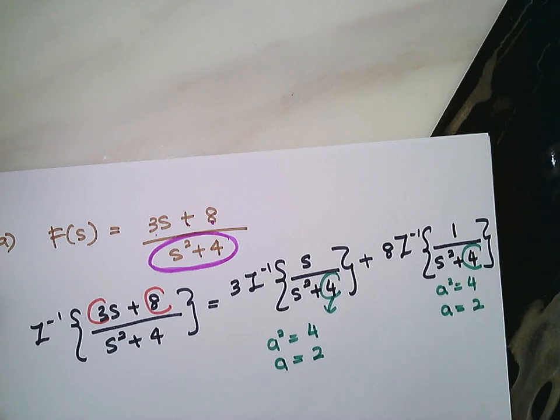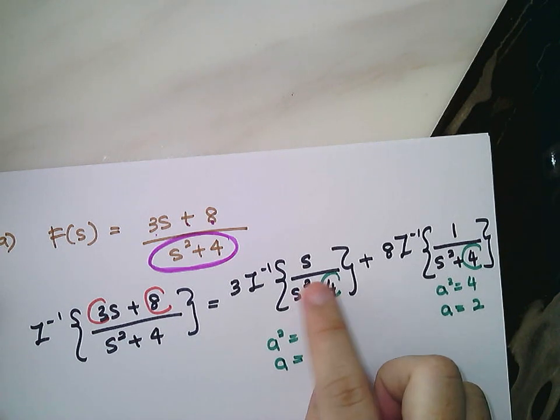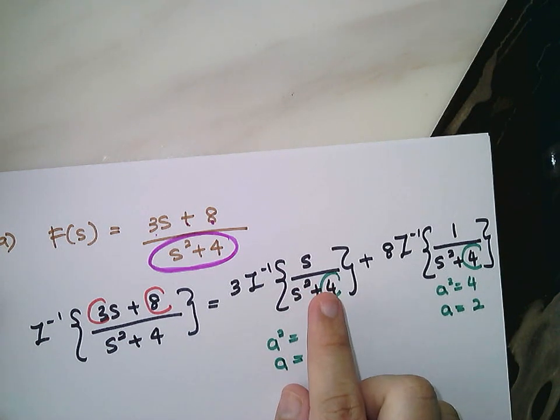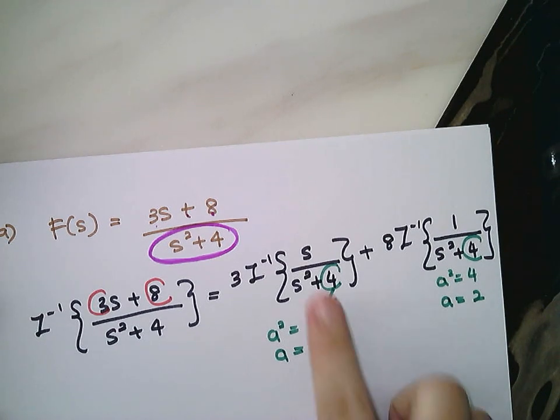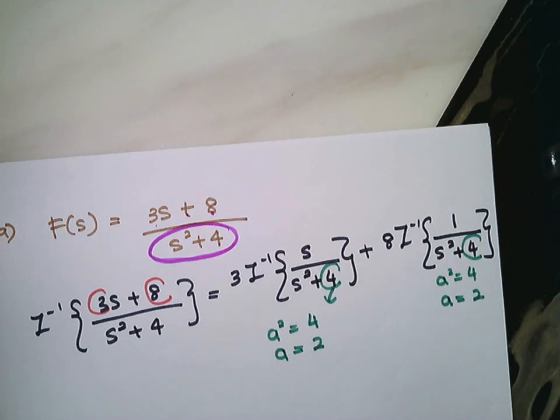If you still don't get the first part of the inverse Laplace transform, you have to recall my first video on the inverse Laplace transform. You have to master that first, then you can do this one. For the first part you don't have any problem. Why?